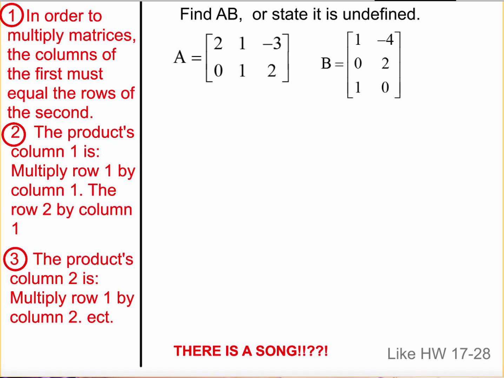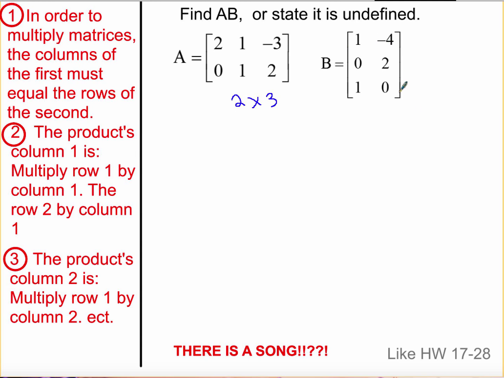All right, so let's try another one. This one isn't all worked out for you. We just got to do it ourselves, okay? First thing we got to check is, can we even multiply it? So let's look at the order of these matrices. This is a 2 by 3 matrix because it has 2 rows and 3 columns.